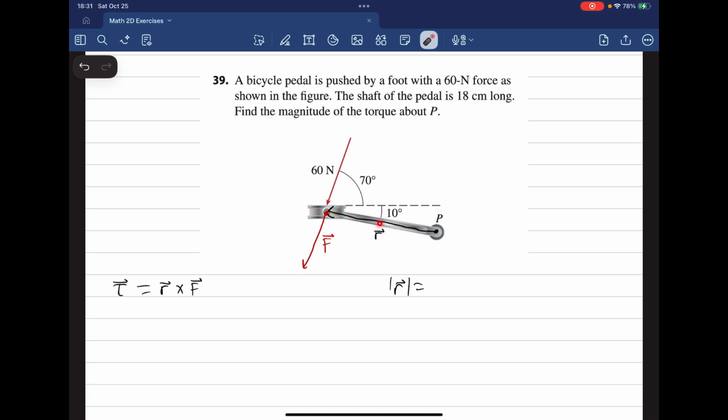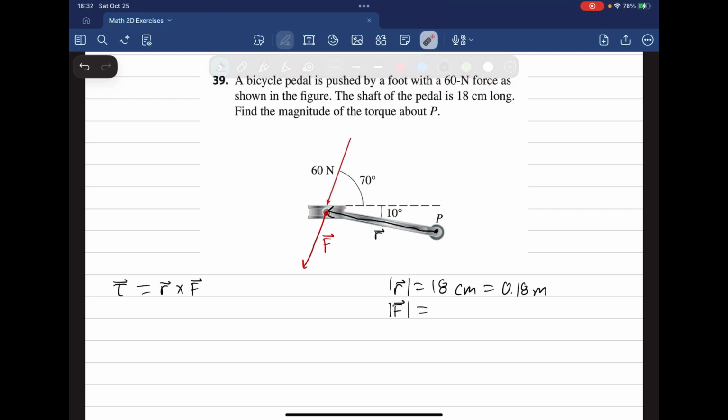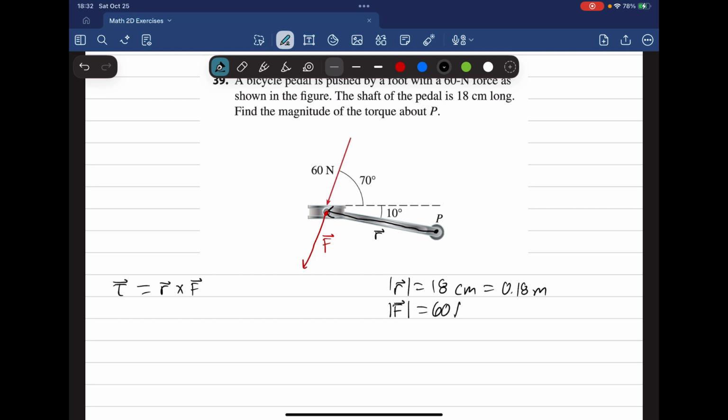So this vector is 18 centimeters long, which is 0.18 meters. And the magnitude of the force, they give us that it's a 60 Newton force. So this is 60 Newtons.